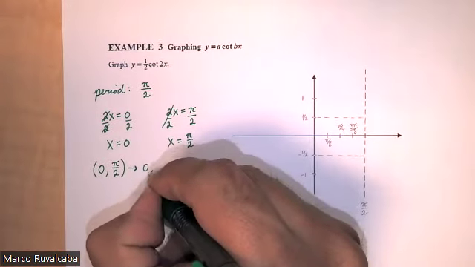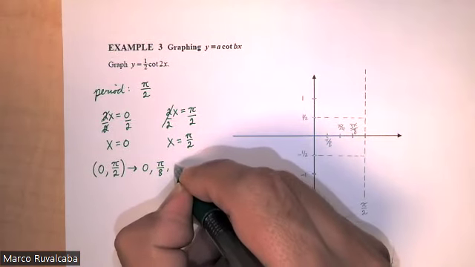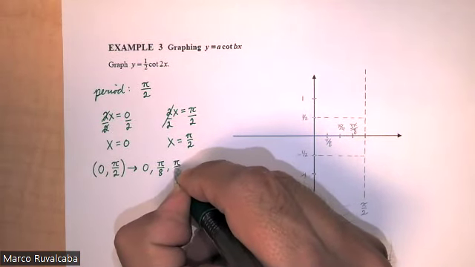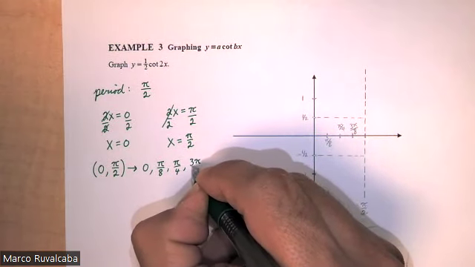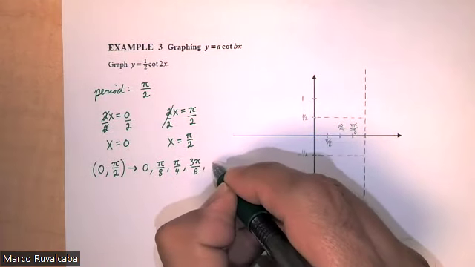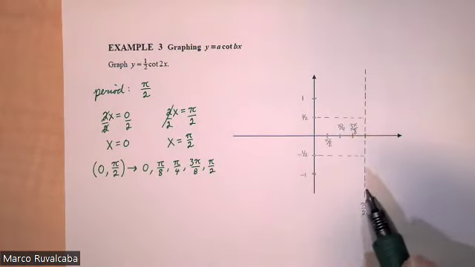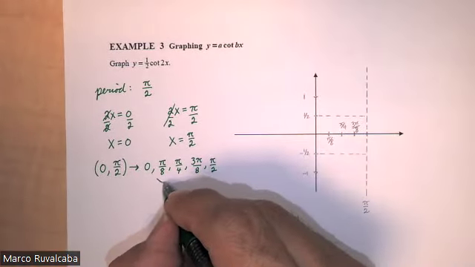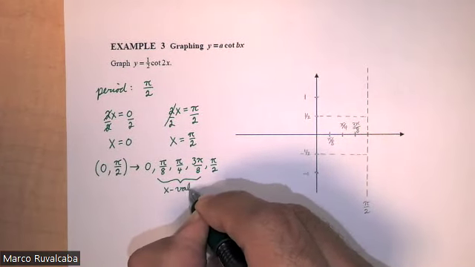So if you start at 0 and then keep adding pi over 8, you will get 0, pi over 8, pi over 4, 3 pi over 8, and pi over 2. Okay. So these three right here that I'm going to use, those are the x values I'm going to use.